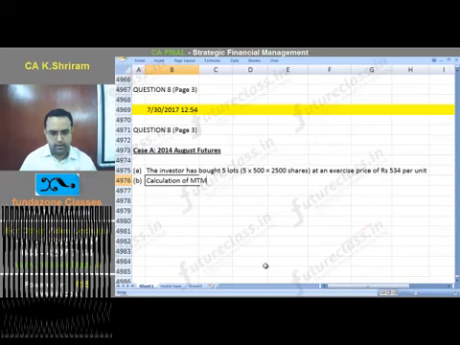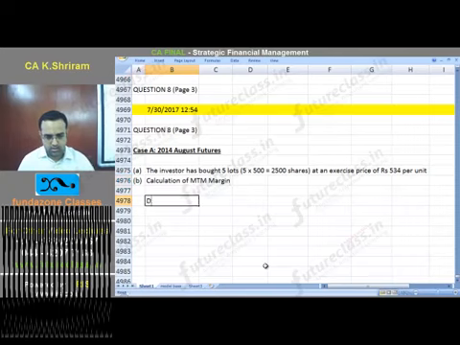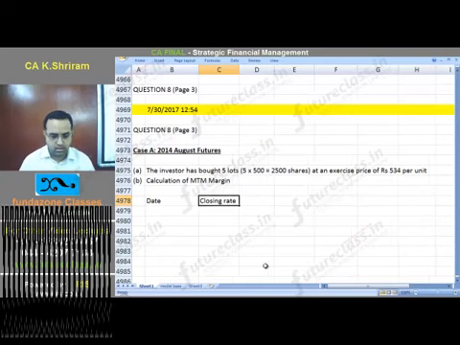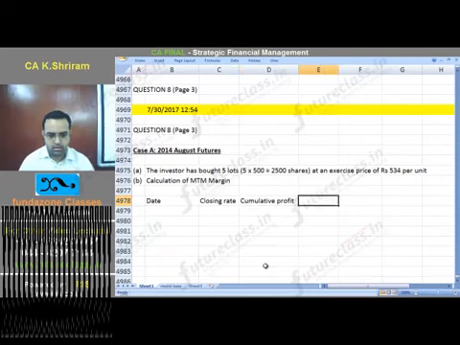Calculation of mark to market margin. Date, closing rate, cumulative profit, receive or pay. We will say gain or loss.